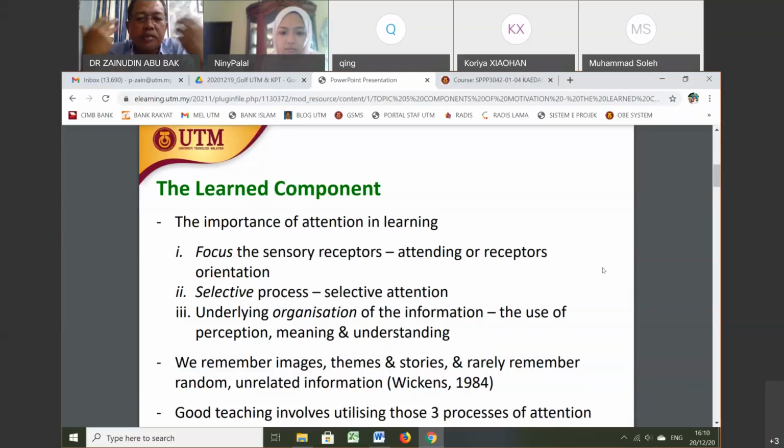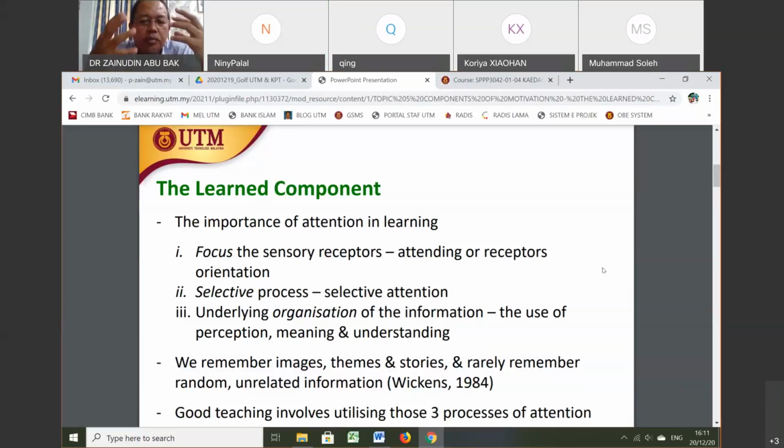Those are the sensory receptors that are put together to show our attention. Everything is put into one particular situation, the incident that is really happening at that particular moment.